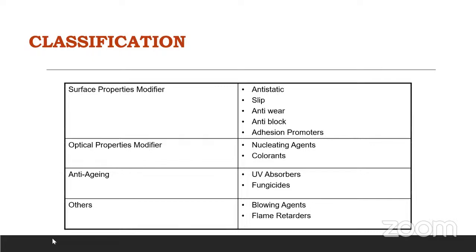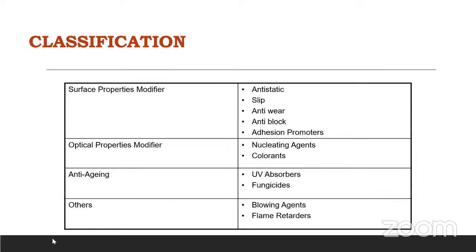Then anti-aging. Polymers have a certain lifespan, and every polymer generally ages over its lifetime. This is due to typical outdoor and indoor environmental factors, such as moisture, humidity, rain, UV light, or the presence of oxygen.